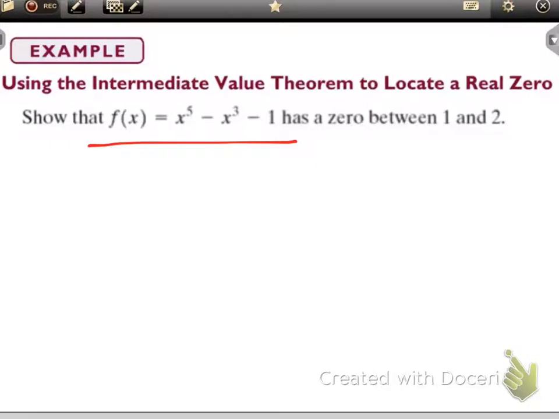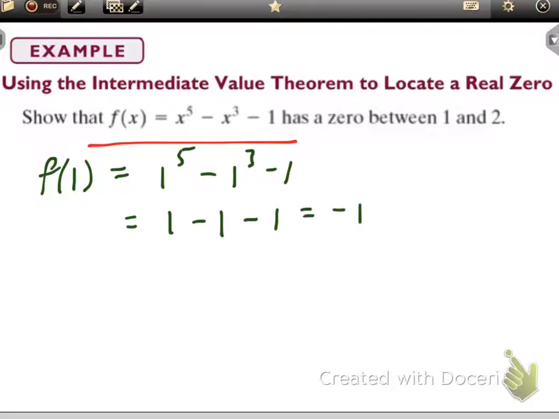The only thing you can do on this one is figure out what f of 1 is, and f of 1 is 1 to the 5th minus 1 cubed minus 1. That's 1 minus 1, which is 0, minus 1. So f of 1 happens to be negative 1.